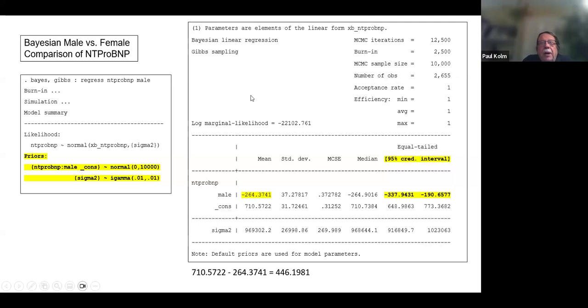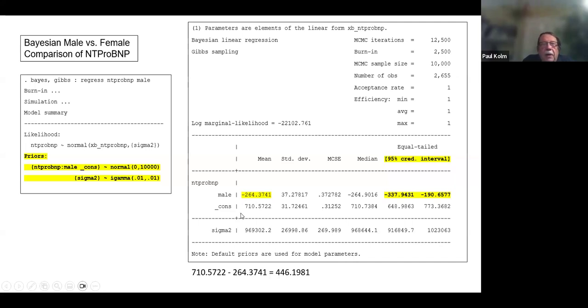And so remember, we're comparing males and females. In this case, if the patient is male, it's coded 1. If it's female, it's coded 0. So here's our constant 710, and the regression parameter for males is minus 264. That means that if the patient is male, we subtract 264 from the 710, and we get 446.